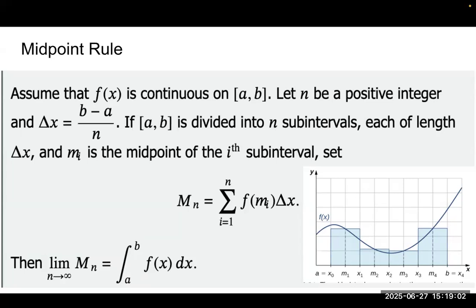So in my mind, the rectangular rule is like this. The spacing between these points doesn't necessarily need to be uniform. So this is delta x1, which is x2 minus x1, and you compute the area in a simple-minded way.